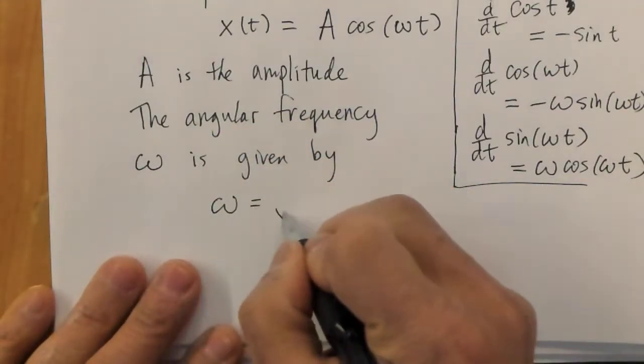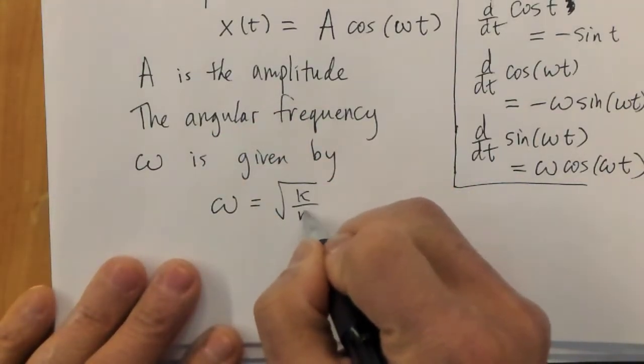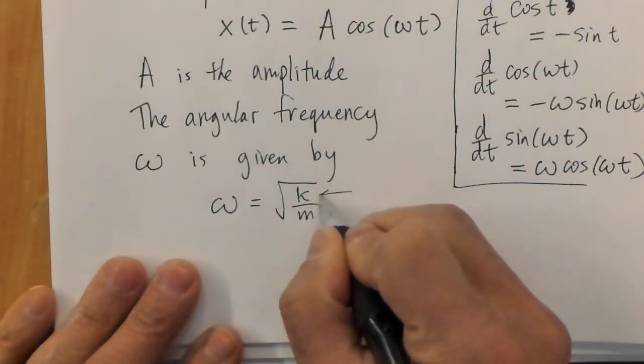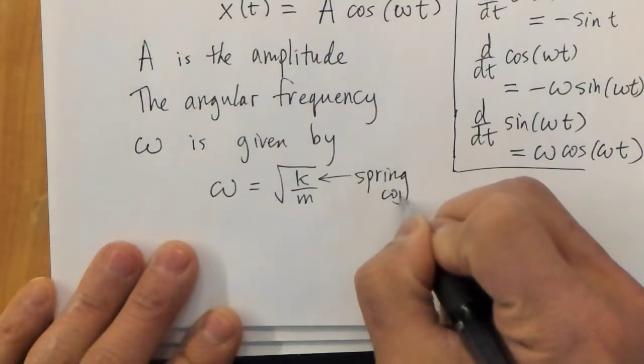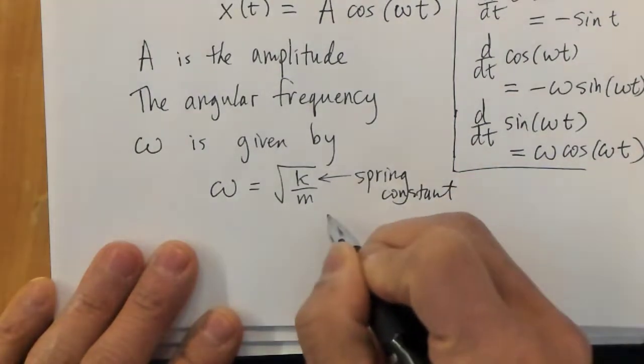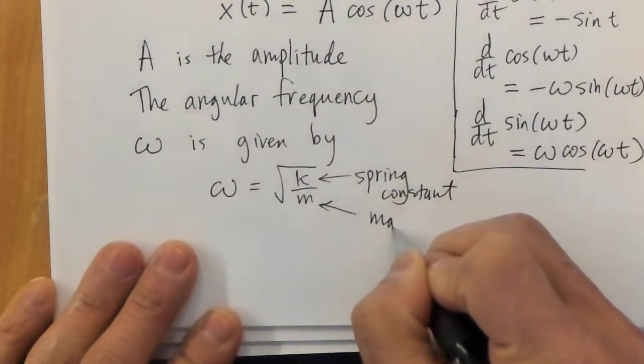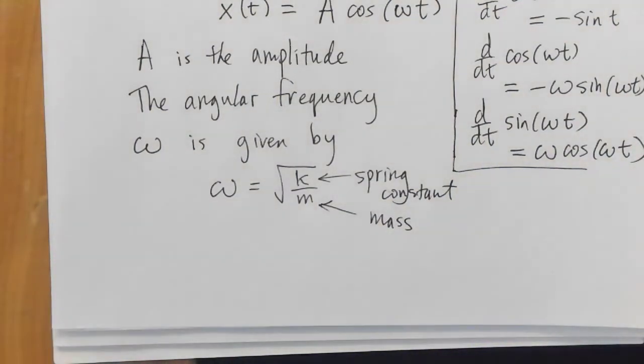Omega is equal to the square root of k over m, where k is the spring constant and m is the mass. Okay. I just pulled that out of the hat.